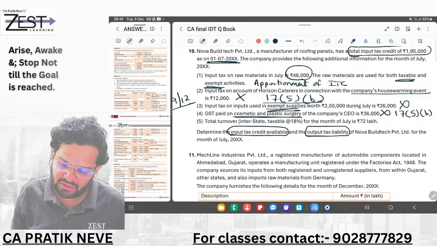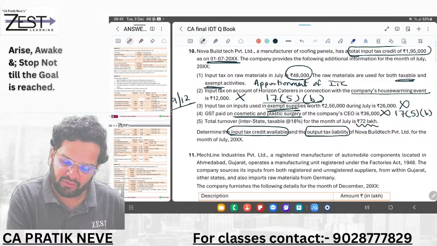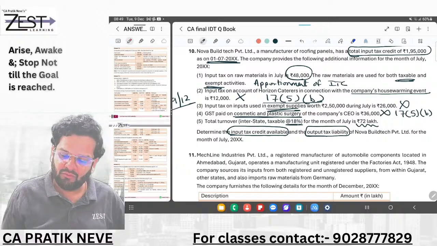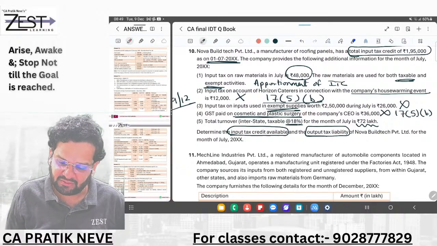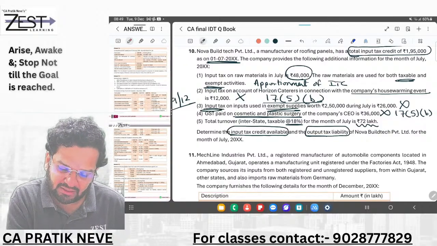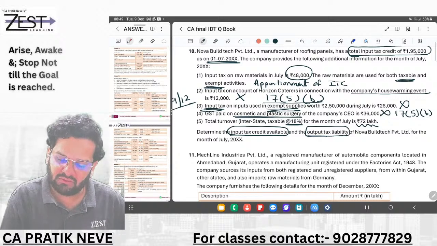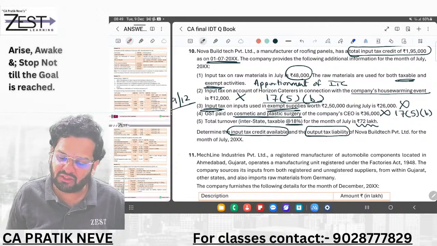Total turnover is 72 lakhs, which is interstate, taxable at 18%. But friends, they have told you that input tax on inputs used in exempt supplies worth 2,50,000.